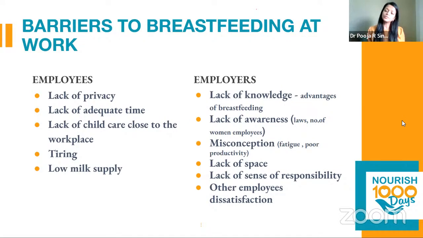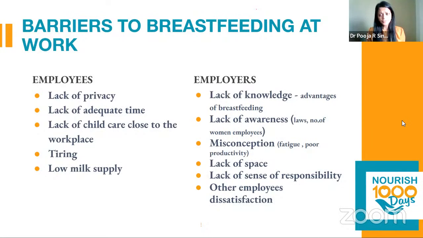There is a misconception that a mother who is breastfeeding is likely to be fatigued or may have poor productivity. There is also lack of space, so the employer might face a constraint about giving space for the mother to breastfeed or take breaks for pumping.